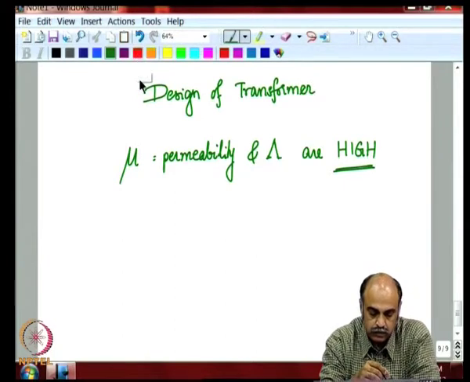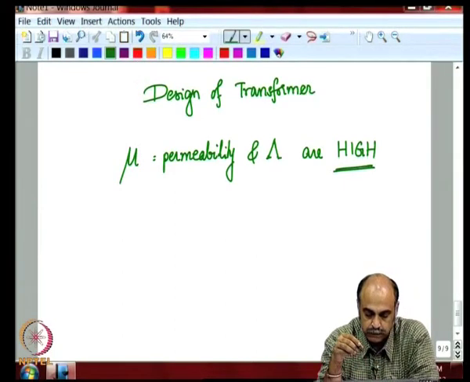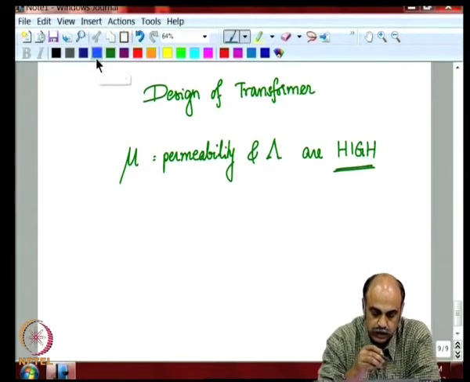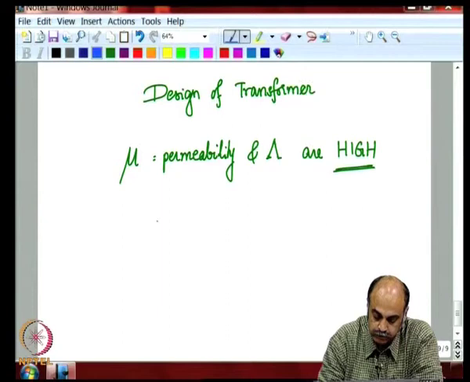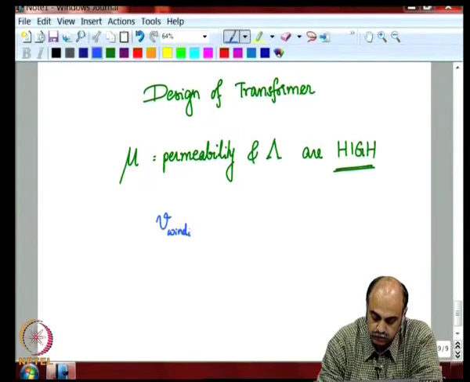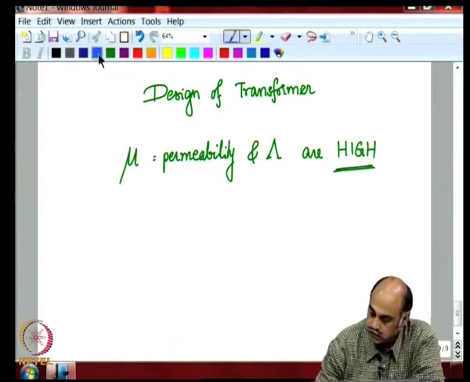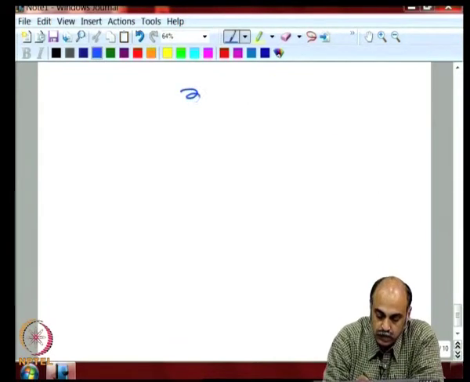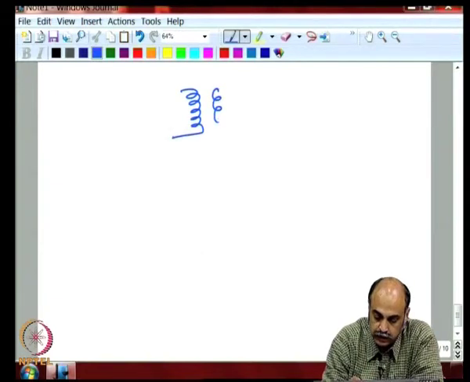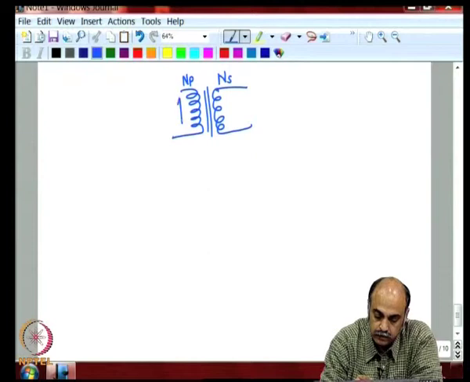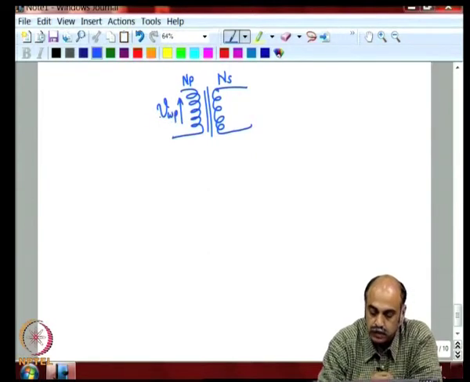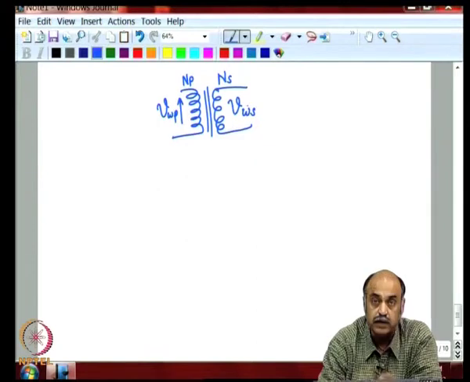Now, when we look at the transformer, here again we use the two equations, V across the winding. Now, let me go to a new page. If you have the transformer winding like this, this is the primary, N primary, N secondary. This is the voltage across the primary winding, voltage across the secondary winding.